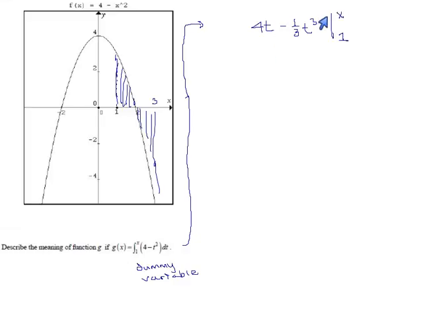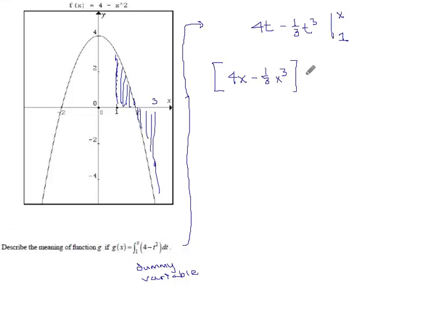That means we plug x into this entire expression, and then we do a minus sign, and then we plug 1 into this entire expression, and we clean up the result. So what does that give us? Putting in x's, we get 4x minus 1/3 x cubed. All I'm doing here is everywhere there used to be a t, I'm plugging in x in its place.